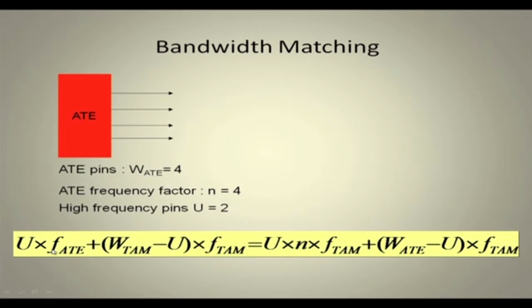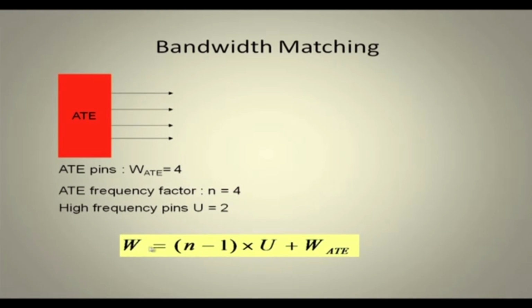However, the first part is going to be extended, because FATE is n times FTAM, since this ATE is n times faster than TAM. So I can substitute FATE by n into FTAM, and the expression becomes something like this.